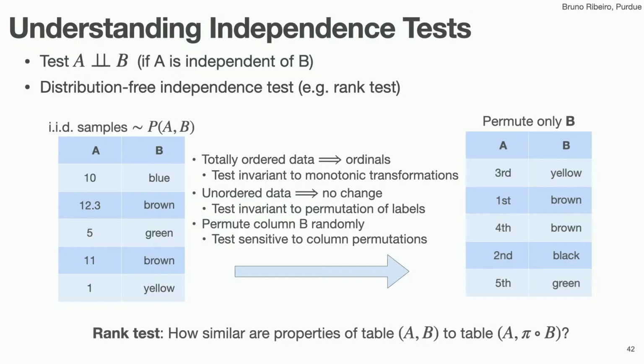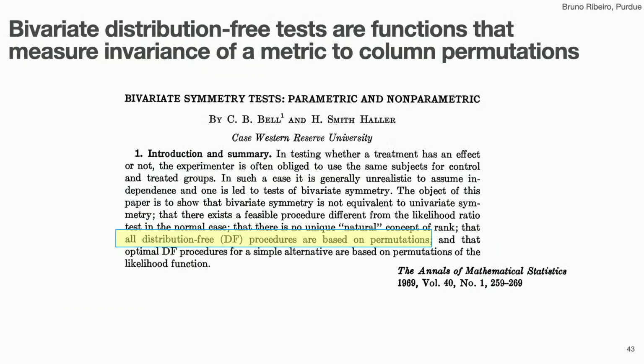So essentially, what a rank test does, and actually this started because I was reading this paper from Sibel, and he was saying that all distribution-free procedures are based on permutations, essentially. So you can reduce anything that you know to essentially a permutation-based test on your data, similar to what I was talking about.